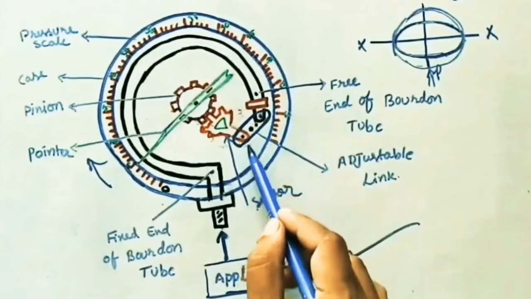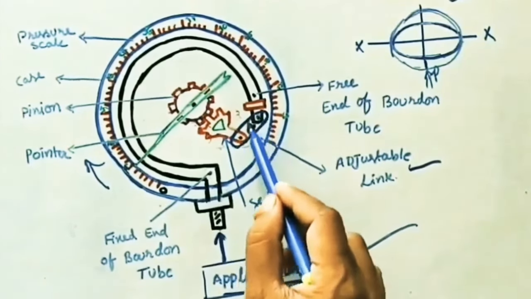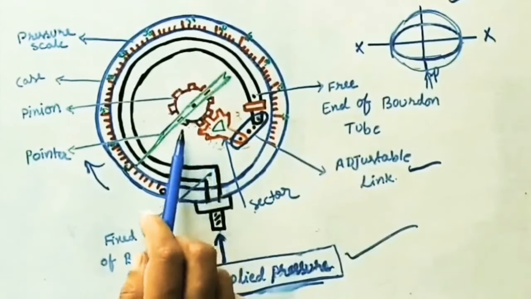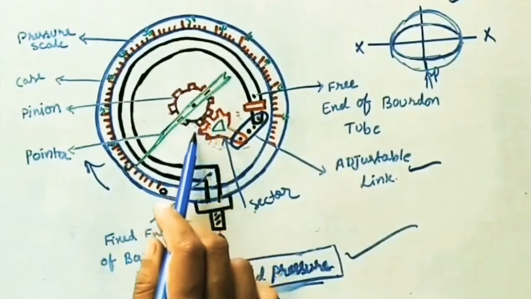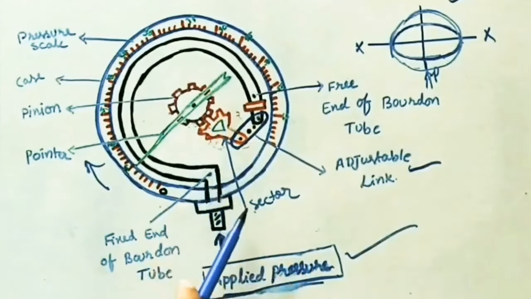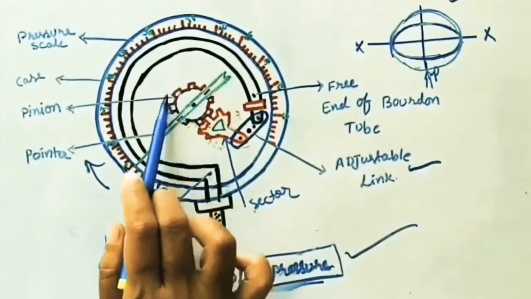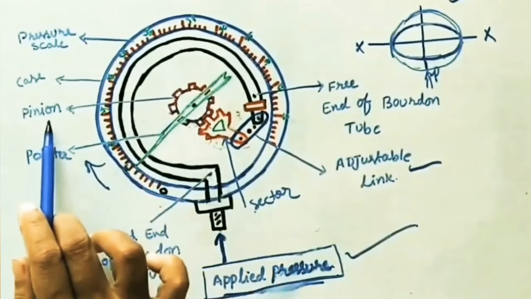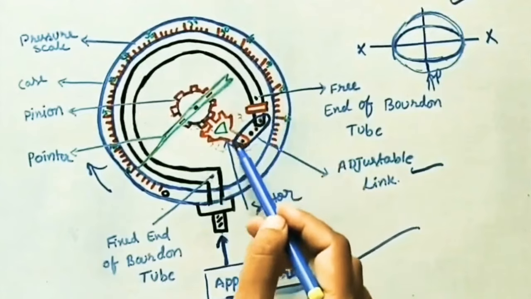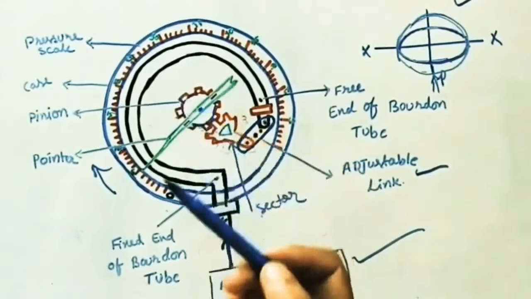At the free end it is connected to an adjustable link, and this link is again connected to the sector and pinion arrangement. Sector means it is a quarter of a circle, on which some teeth are present. This sector is connected to the pinion. Pinion is a small gear on which some teeth are present. Whenever the tube moves, the adjustable link moves and the sector will rotate. Because of this rotation, the pinion will also rotate.